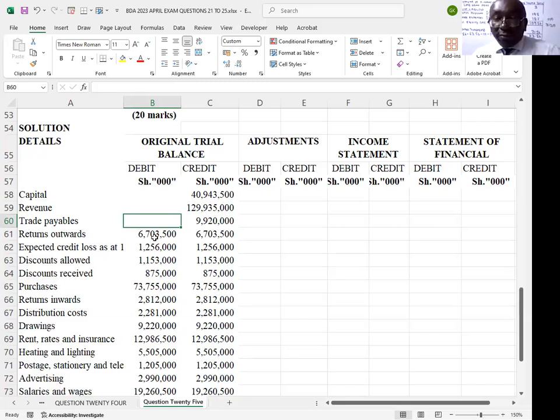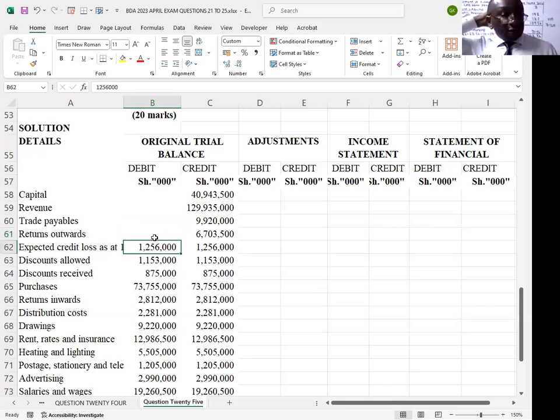Returns outwards is a credit because it serves to reduce the purchases. And purchases are an expense which is debited. So these are credit.